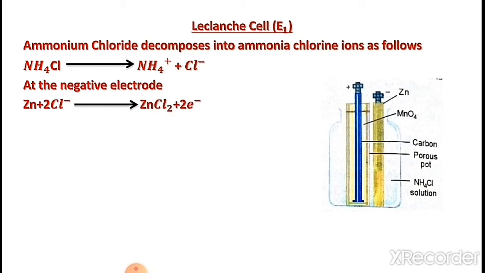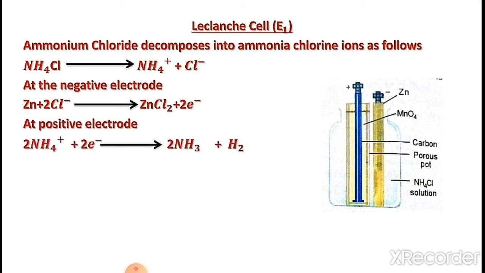These two electrons will react with ammonium at the positive electrode and generate hydrogen, which further reacts with manganese dioxide and forms Mn2O3 and water. Mn2O3 will react with the oxygen in the atmosphere and form MnO2.